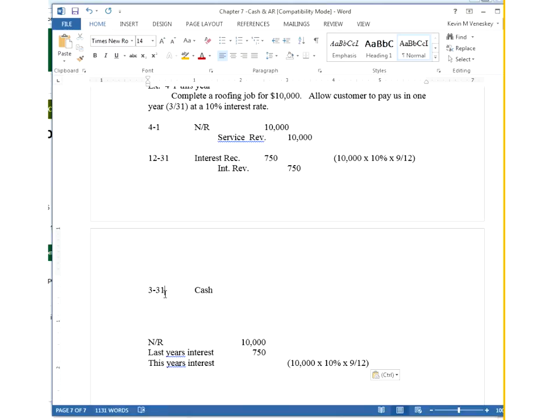So starting January 1, there's been 3 months that have gone by that I have earned more interest. So 25%, that 10,000 times 10% is 1,000, times 25% is $250. So in total, I expect to collect $11,000. So that would be my total here.